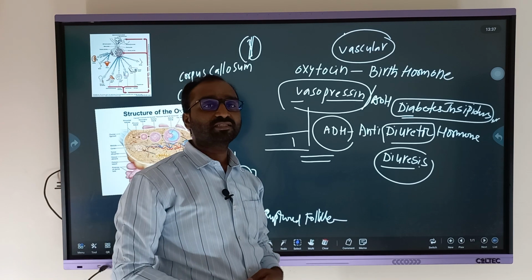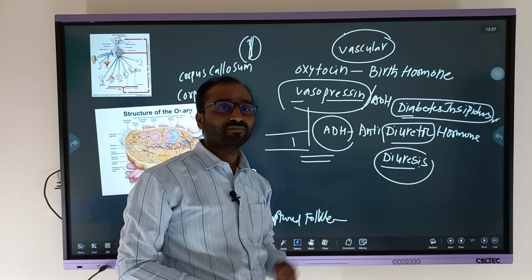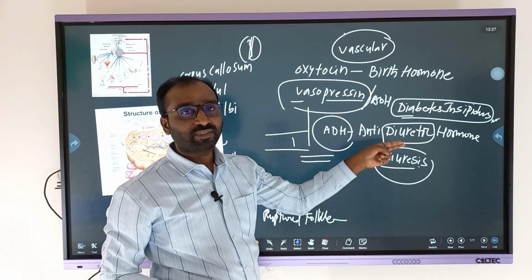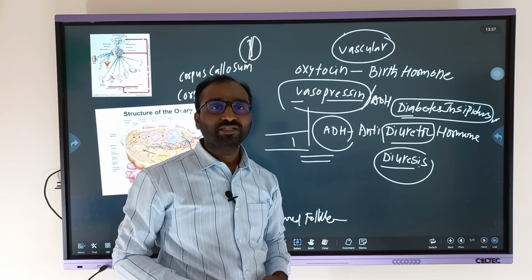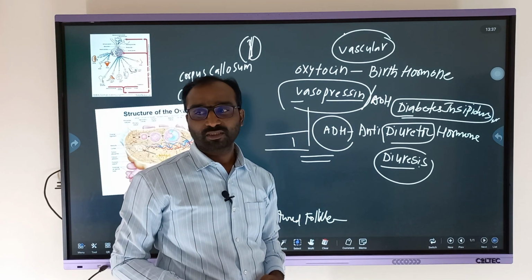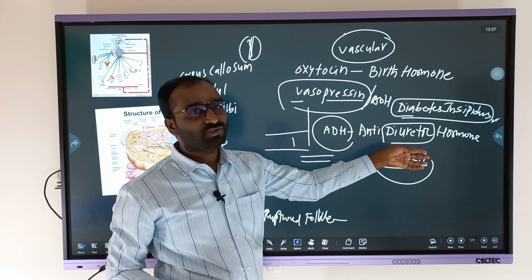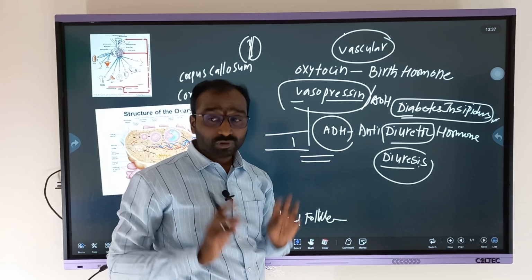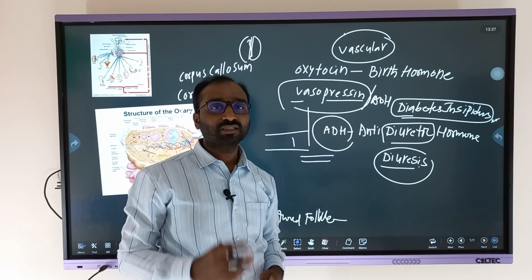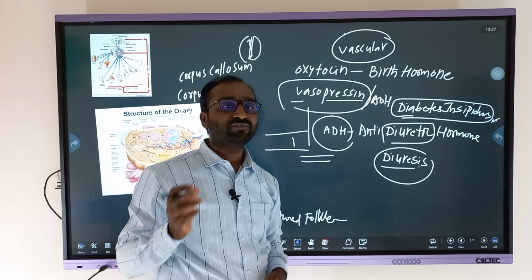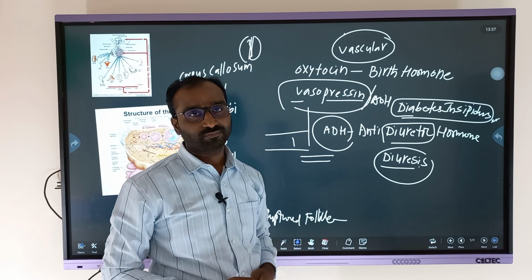Mellitus is the actual sugar disease due to deficiency of insulin. Diabetes insipidus is excess water loss in the urine. Got it? Both are called diabetes, but both are hormonal disorders. The context depends on the deficiency of which hormone.